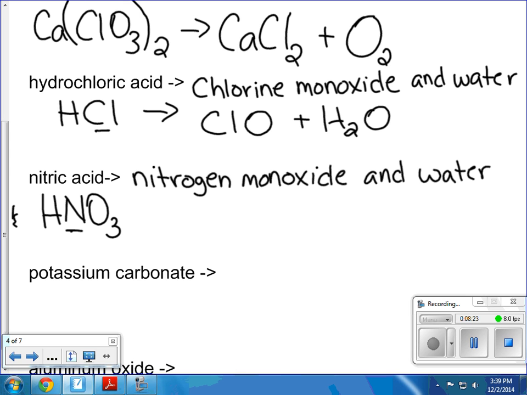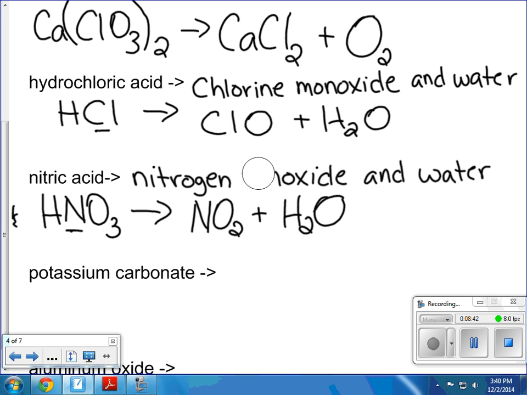So if we write out our formula, we got HNO3 yields nitrogen monoxide, H2O. And let me check. We have 3 oxygens, so this should be, I lied to you, this should be nitrogen dioxide. And I know that it's nitrogen dioxide because one of my oxygens will go to water. That leaves 2 left. So that's why I have dioxide.